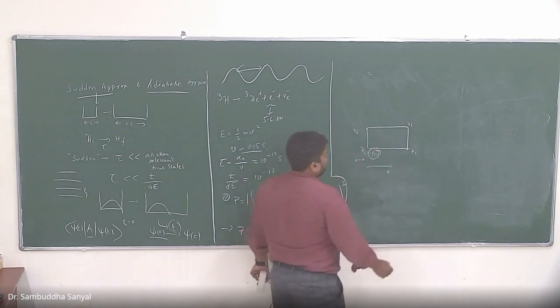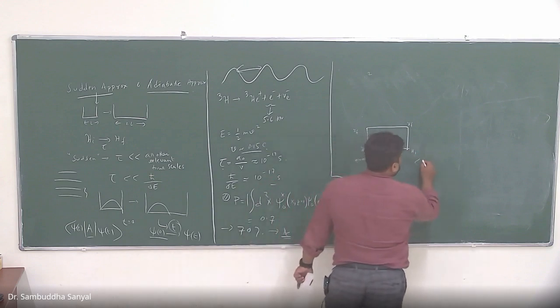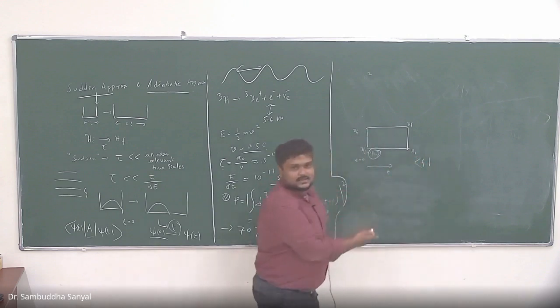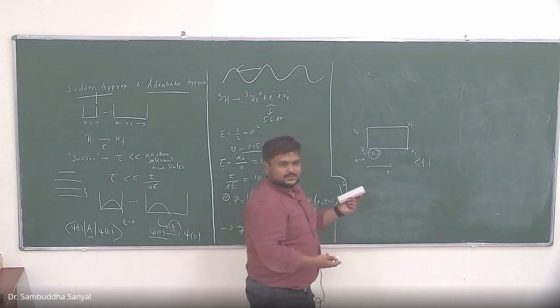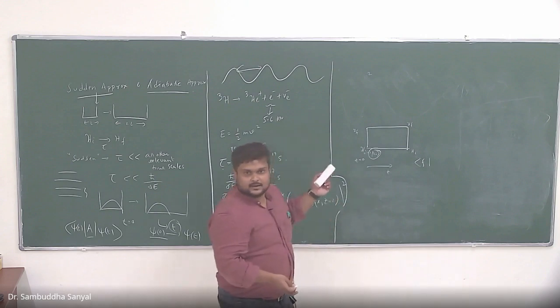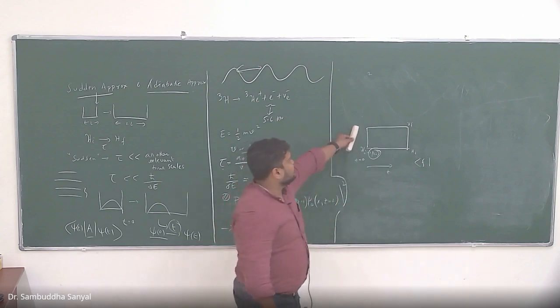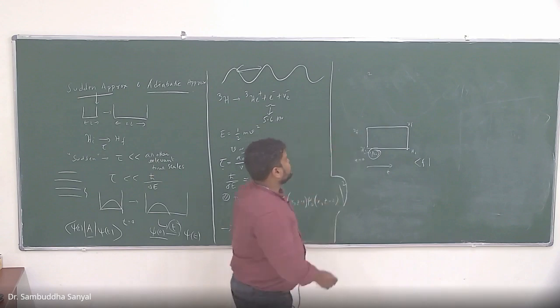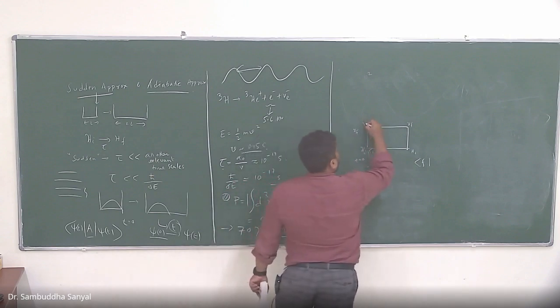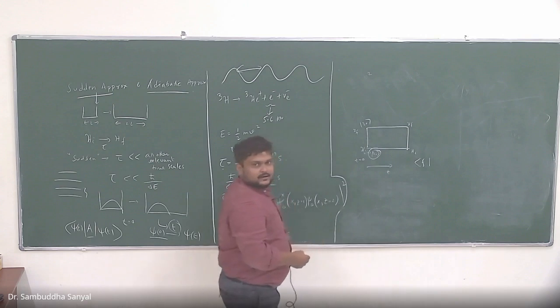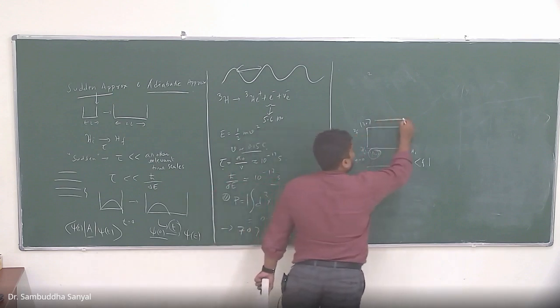So what do you want to calculate? The system reaches some state which is not an eigenstate of Hi, right? Because of this process. You got that idea, right? I suddenly changed Hi to Hf. Here it is still I naught. Then it evolves under Hf.